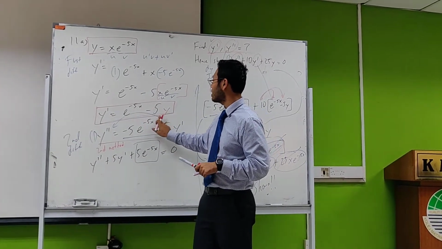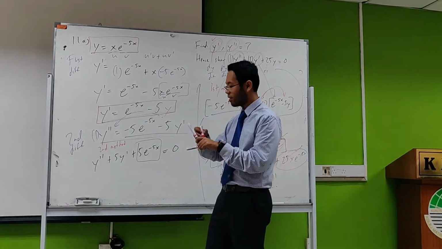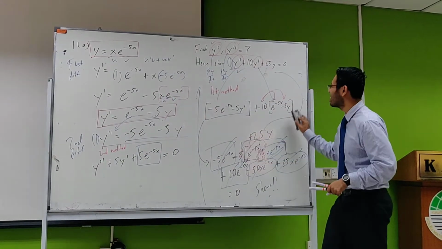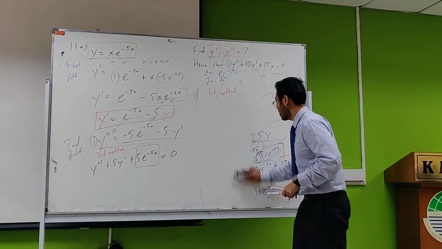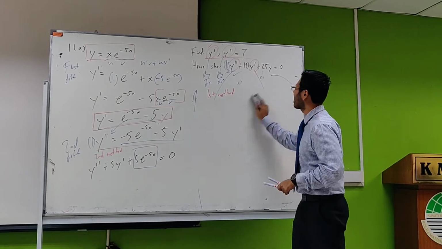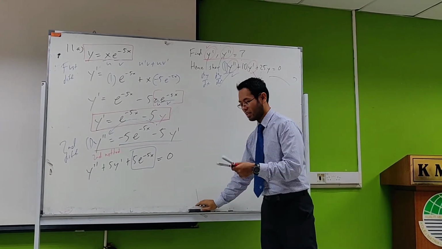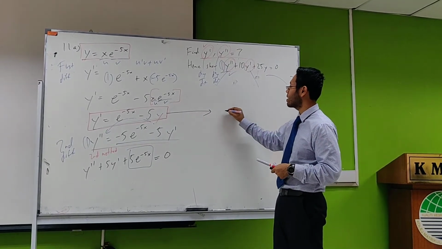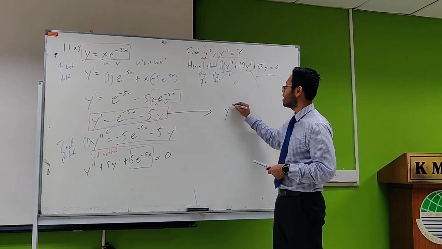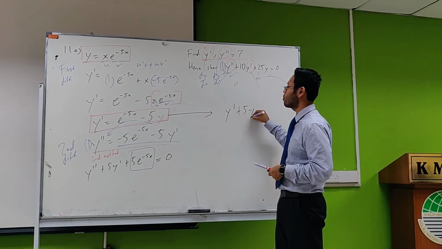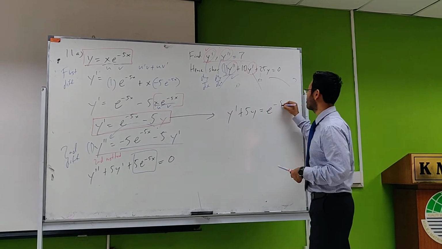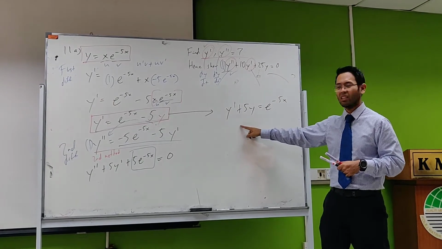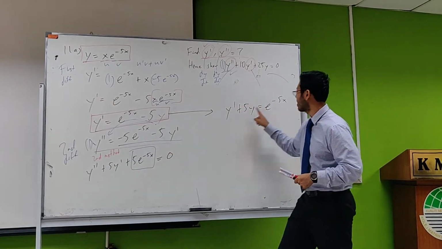So this equation, our first derivative, I can rearrange it. Can I rub this side off? Our first derivative, I can rearrange and I get myself into y prime plus 5y equals to e negative 5x. I can rearrange it into this, right? And here there's 5. There's no 5.